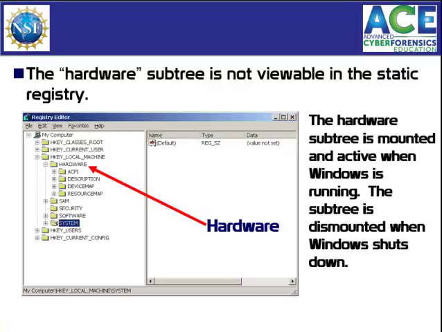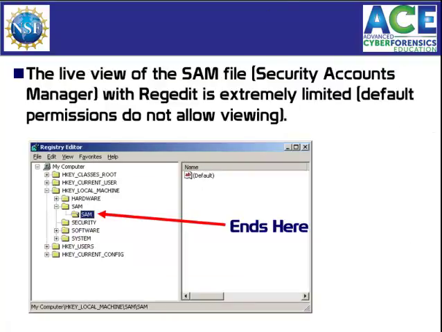Inside of the live registry there is a hardware subtree that's not viewable inside the static registry, and once again this subkey is only viewable when Windows is actively running, and you can view this inside of Registry Editor or with other applicable tools.